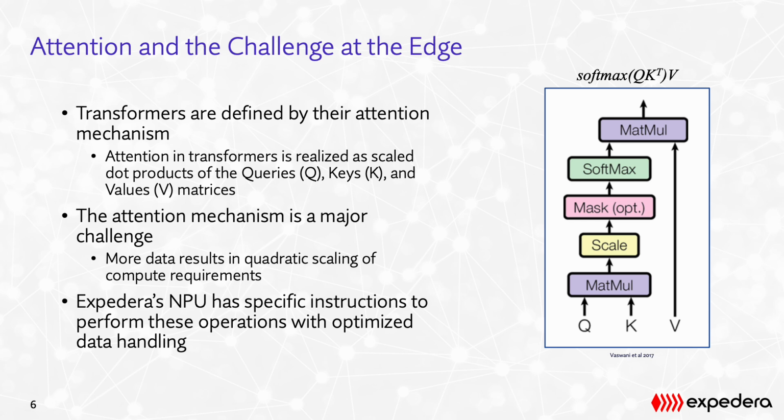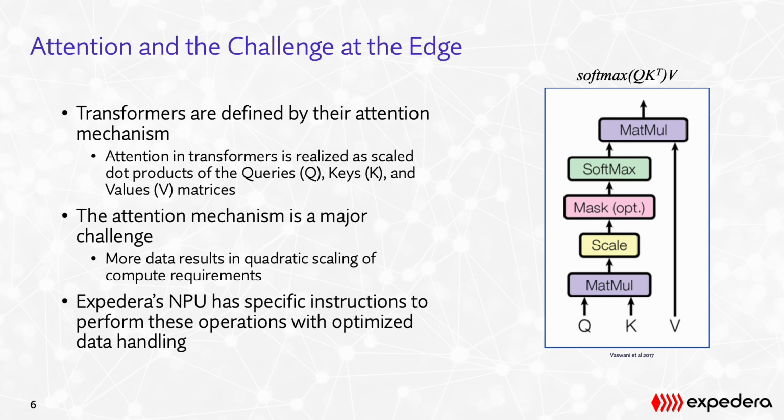But every time that you're piping data through these, you're going to need to do all of this math all over again, and it needs to be done for every token plus every token that's come before. So this means that the compute requirements as you're going through these attention heads is going to scale quadratically. This is the second major impediment for moving these to the edge. You have those huge weights that you need to deal with, and you have compute that gets very expensive very fast.